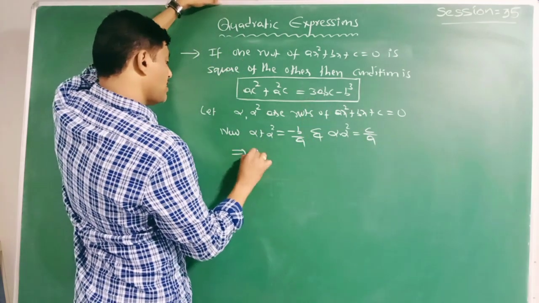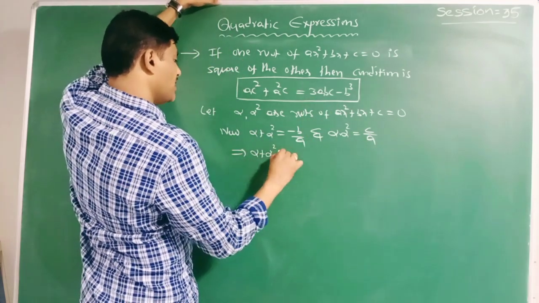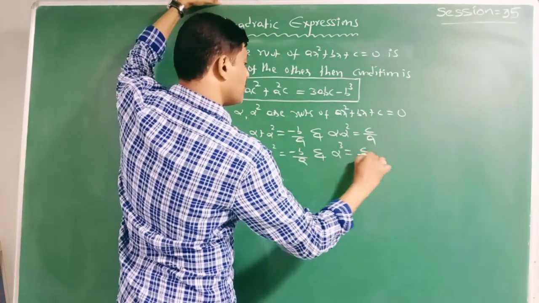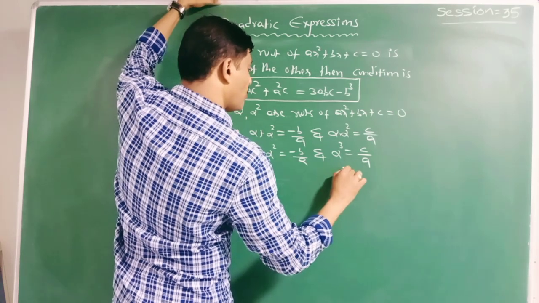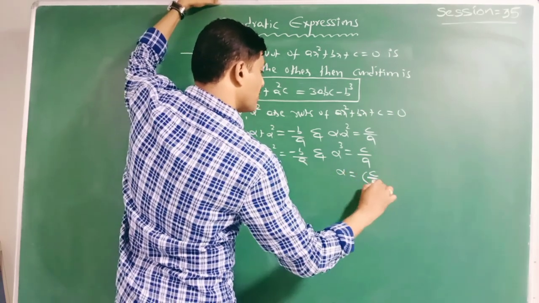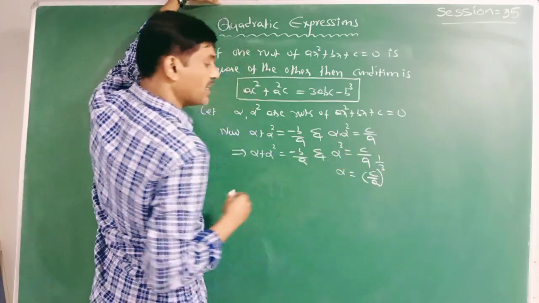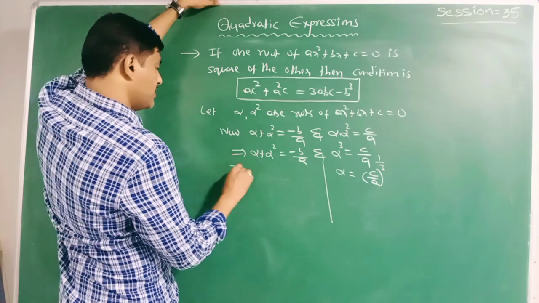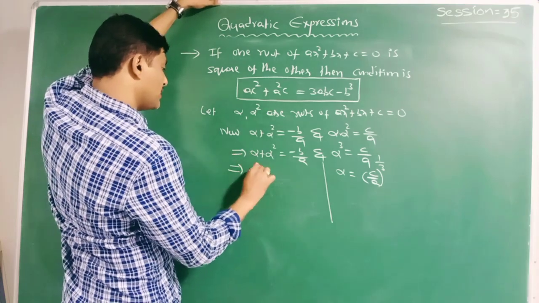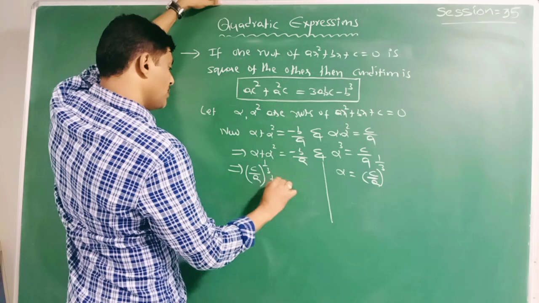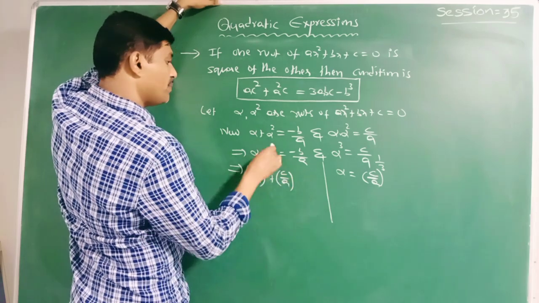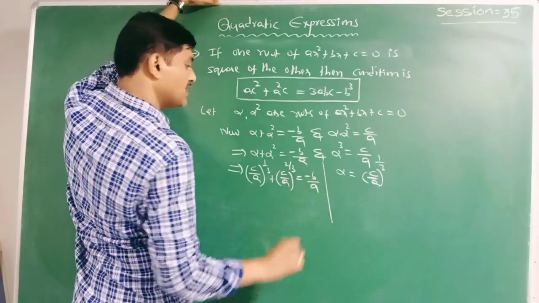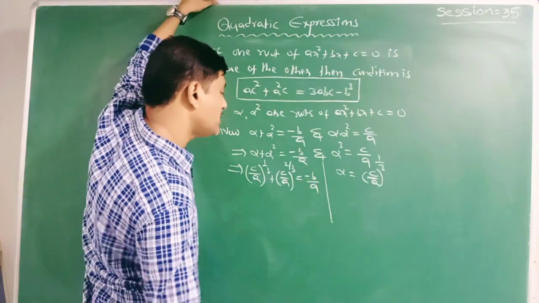From this, alpha cube is equal to c by a, so alpha is equal to (c by a) whole power 1 by 3. Now we put alpha here: (c by a) whole power 1 by 3 plus (c by a) whole power 2 by 3 is equal to minus b by a.